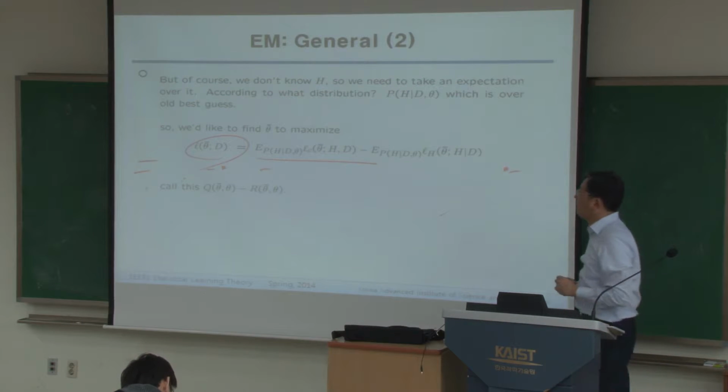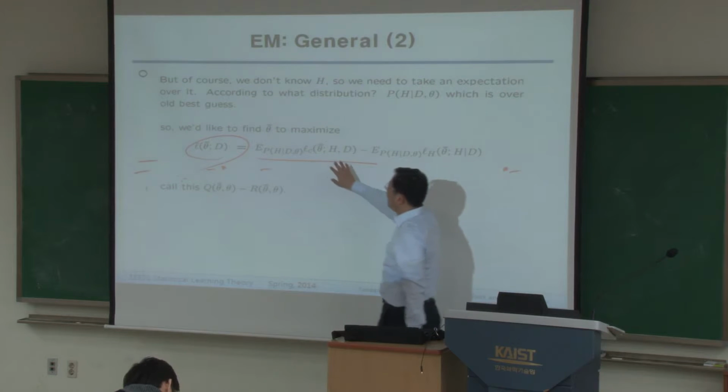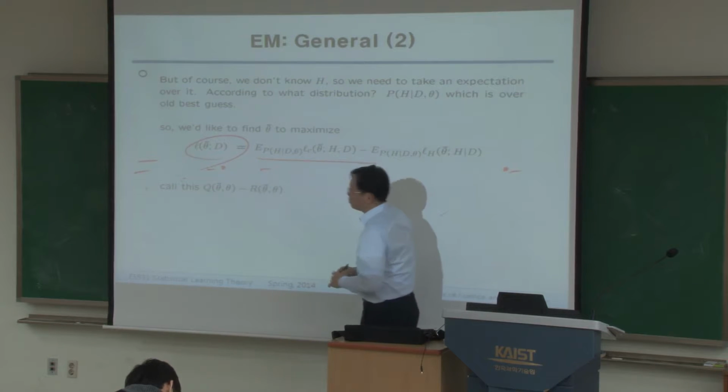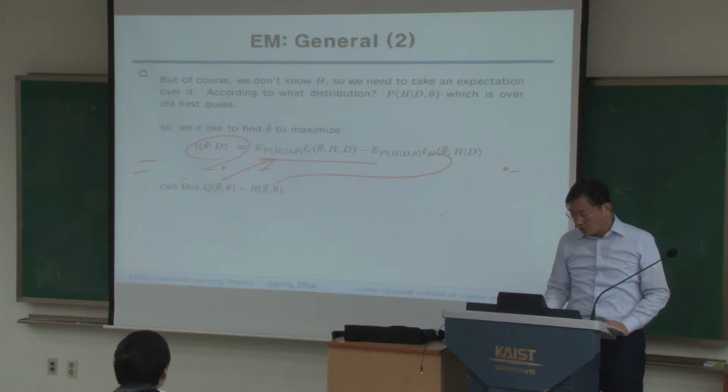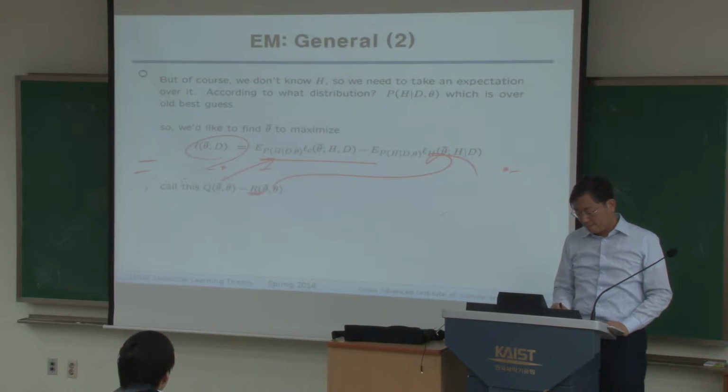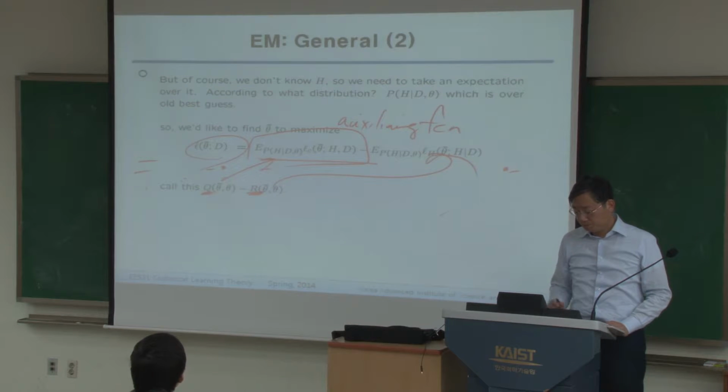Then I'm going to call this side the Q, and this I'm going to call R. And Q is often called the auxiliary function.